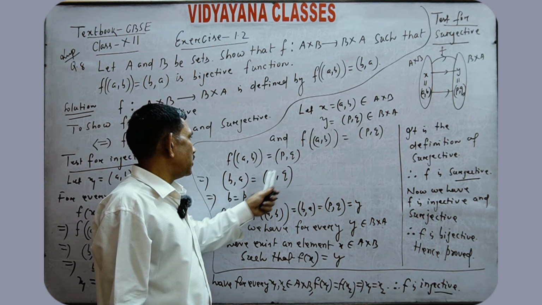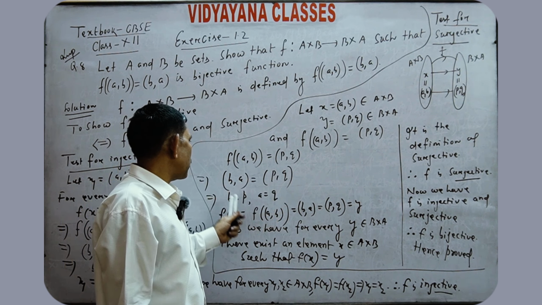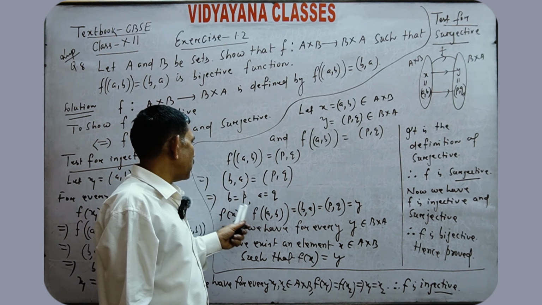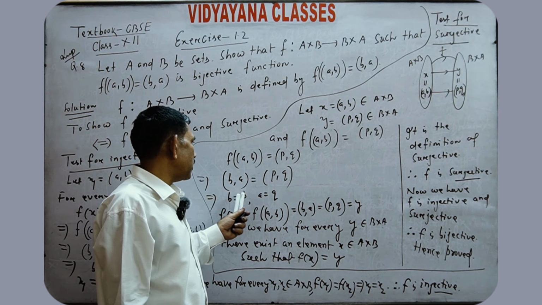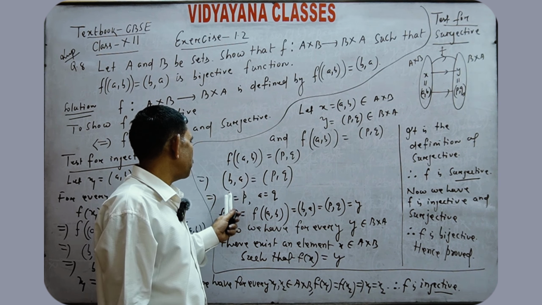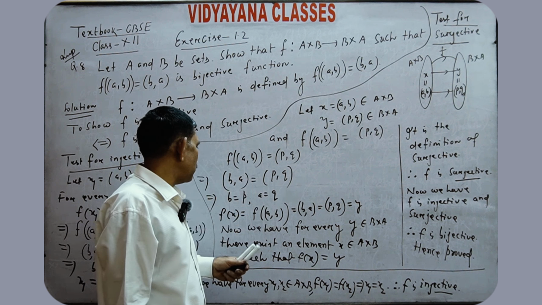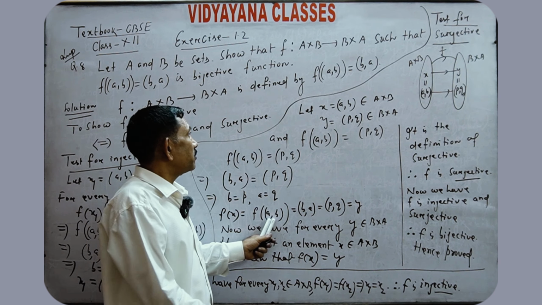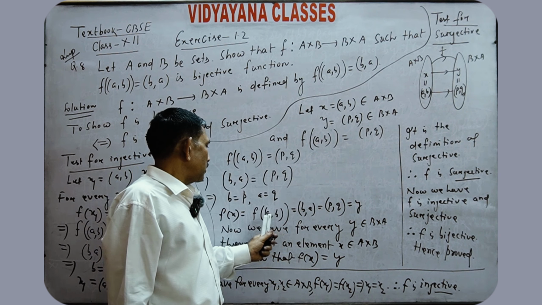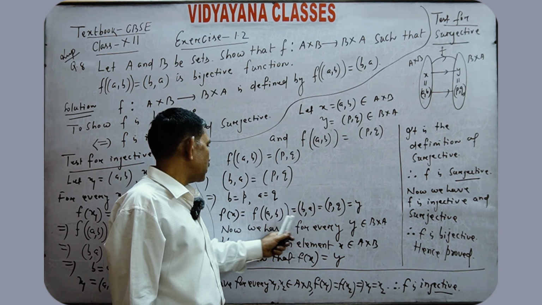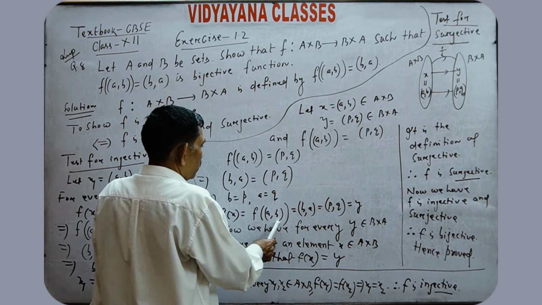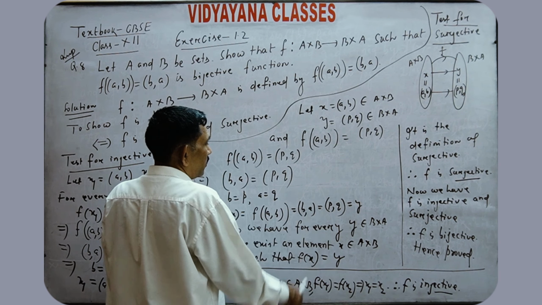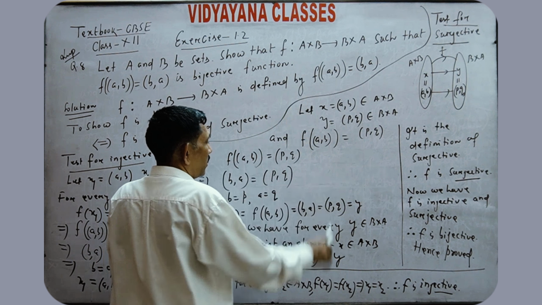So this equals PQ ordered pair. Two coordinate points are equal if their respective x coordinate and y coordinate are equal. B is equal to P, A is equal to Q. Now fx, x means AB ordered pair, F of AB ordered pair is the same as BA ordered pair since it is defined by that.